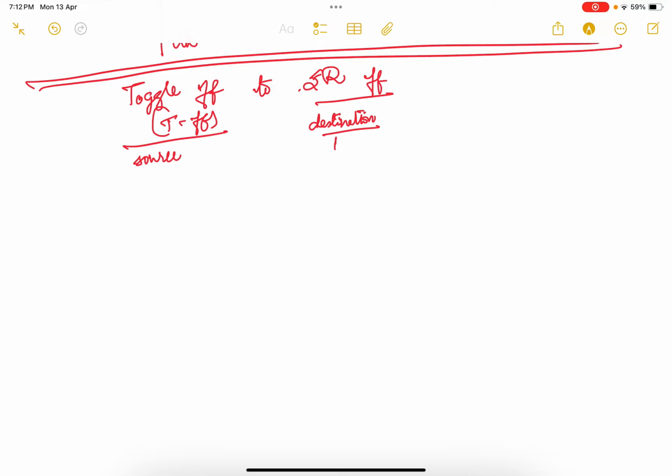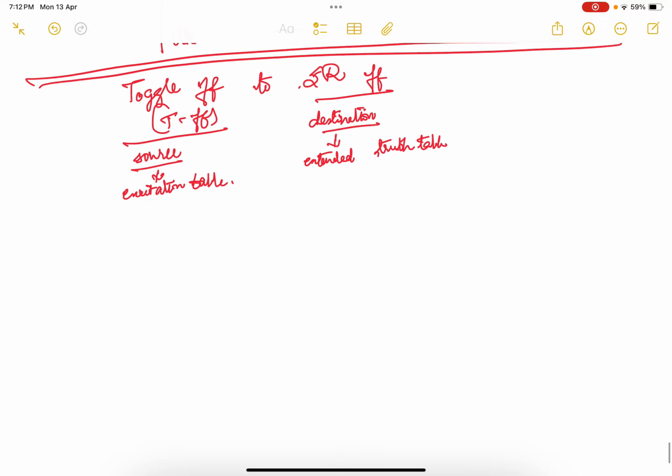So for the destination you want to write the extended truth table, and for the source you want to write the excitation table. First for the source, that is for the T flip-flop, I will write my excitation table.